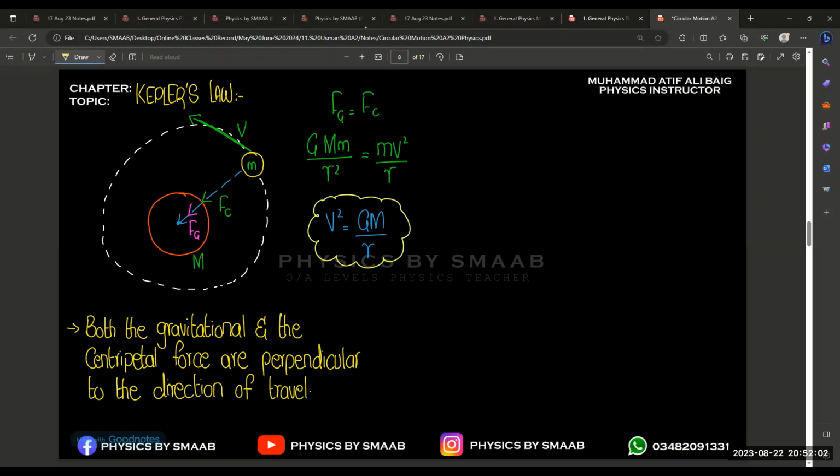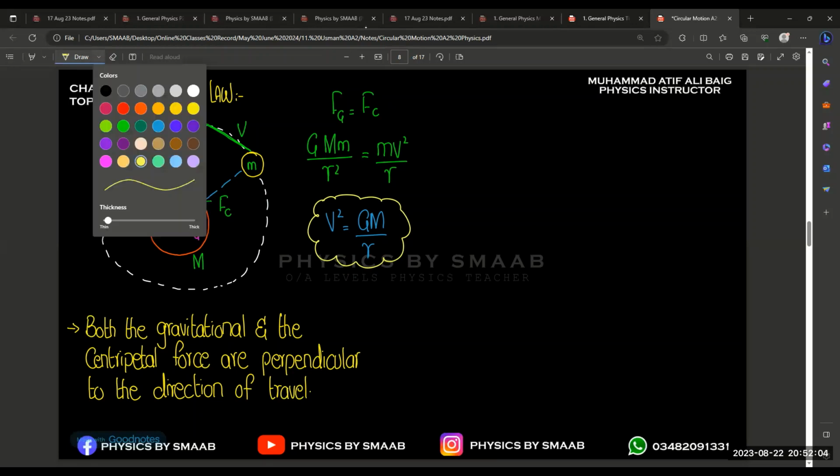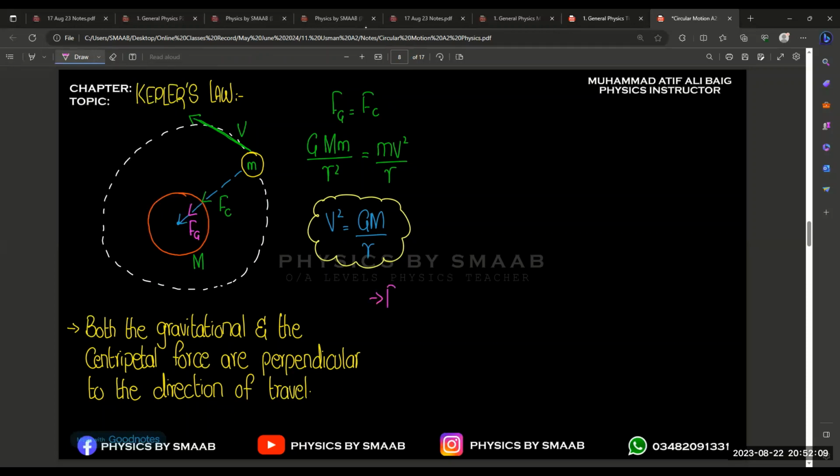Now, for the orbital time period, because we got the value of v, we are interested in finding the value of t: how long it will take, or what is the factor that gives the time period for one complete orbital rotation, right?